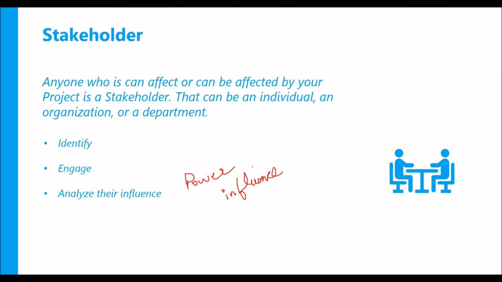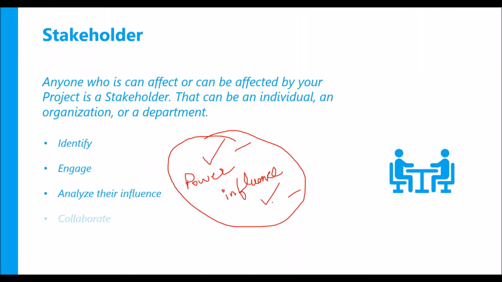A stakeholder can have great power and great influence, so he should be on top of your priority list. A stakeholder can have zero power or zero influence, just interested in the project. Then he may not be at the top of your priority, but you can keep him informed in your communication as to what's going on in your project. So you need to analyze their influence.